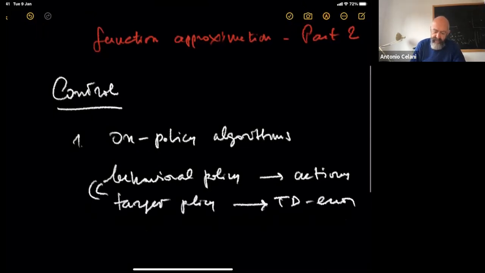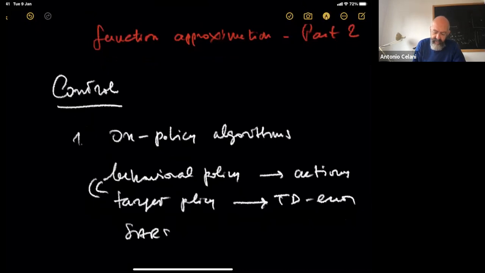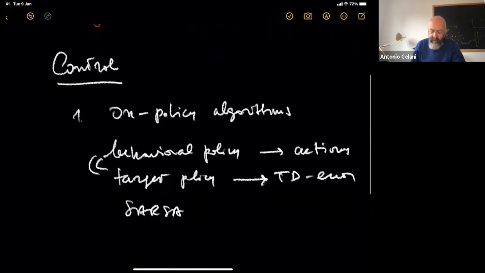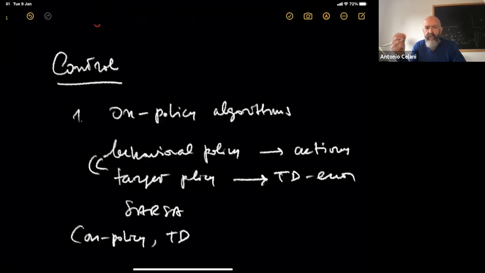For instance, SARSA. SARSA is an on-policy tabular temporal difference algorithm. On-policy because of this equivalence between the behavioral policy and the target policy. Temporal difference because it uses temporal differences to construct the error and therefore the algorithm.